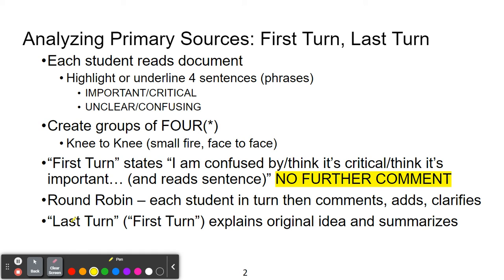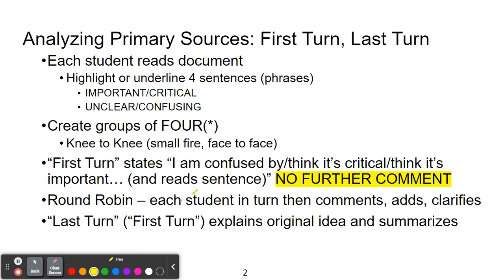Very importantly, you're going to run through each of these steps, first turn to last turn, with each student in the group being the first turn student once. This is why having 4 sentences is critical to this activity, so that every student will have a sentence or a phrase to discuss that another person in the group has not already talked about. So again, first turn person introduces the sentence or phrase.